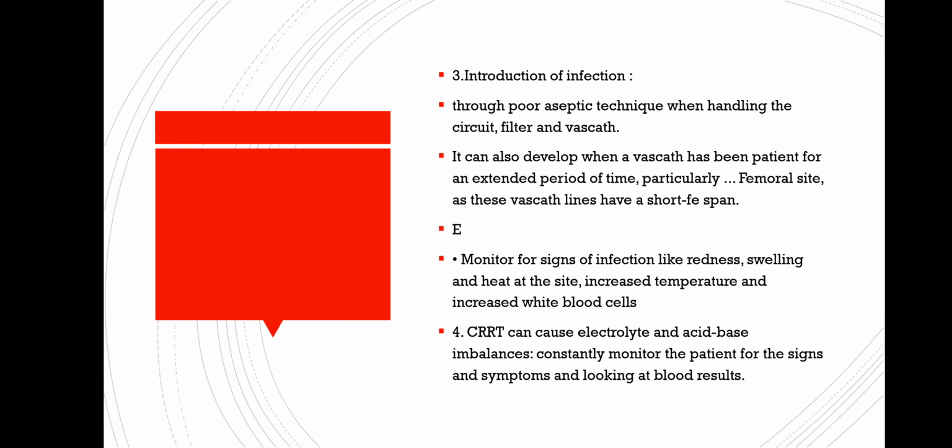Then the introduction of infection is a main complication of CRRT. Use pure aseptic technique when handling the circuit and filters. Vascular lines can also develop infection and stay in the patient for extended periods, particularly at femoral sites, and have a short lifespan. Monitor for signs of infection like redness, swelling and heat at the site, increased temperature and increased white blood cells.